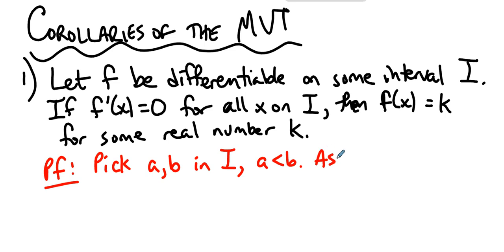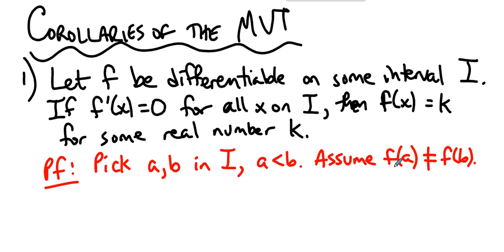Let's assume that f of a is not f of b. Let's give that a go. So what we'll do here is we'll assume that f of a is not f of b. Something's going to go tragically wrong in here, and we're going to say, where did we go wrong? That's where we went wrong. And so it must be that f of a is f of b.